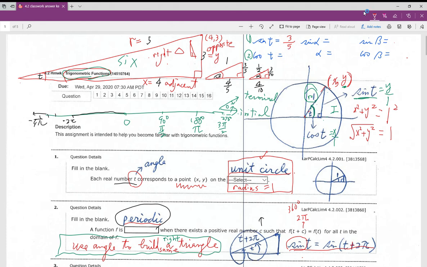And the cosine t will be adjacent divided by r. Okay, now we just follow the definition and we follow the given. But there's one more thing I want you to double check for me.